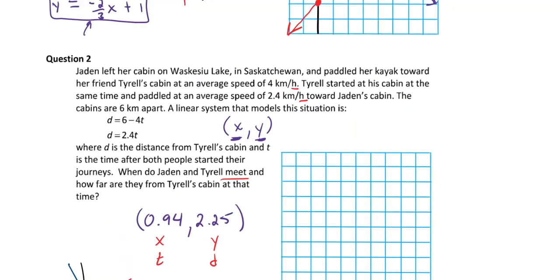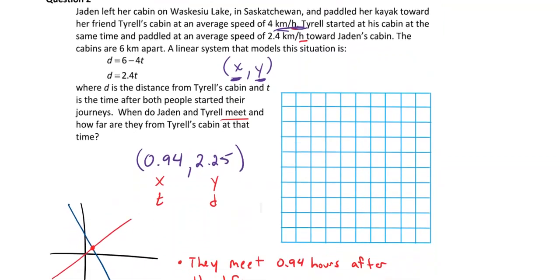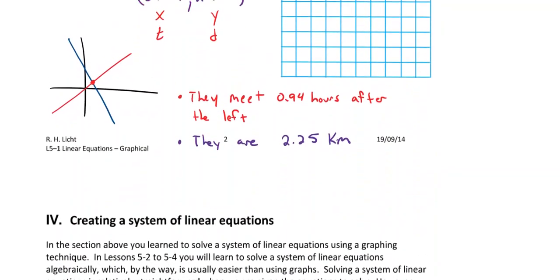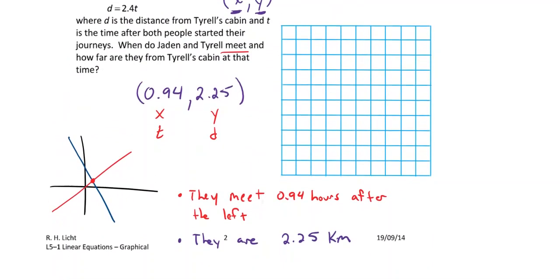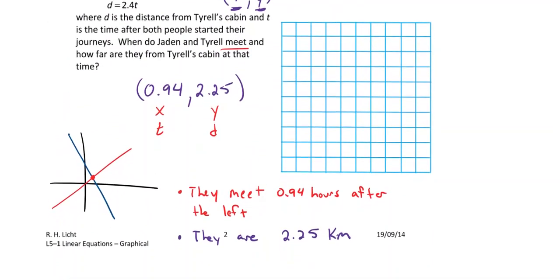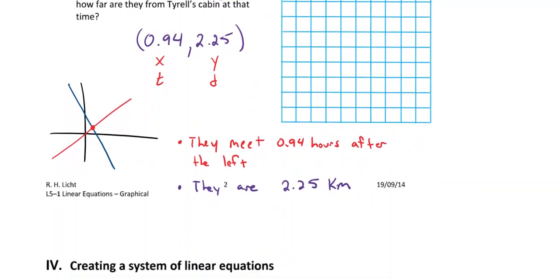Because we were dealing in kilometers and hours because we were going kilometers an hour. Okay, so they're 2.25 kilometers from Tyrell's cabin. All right, that's the idea.